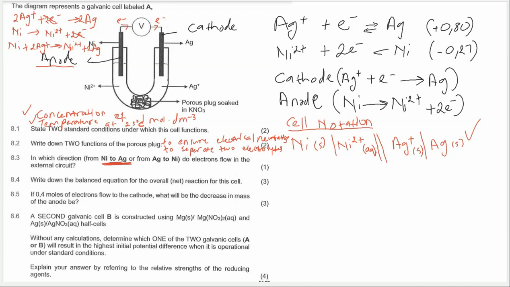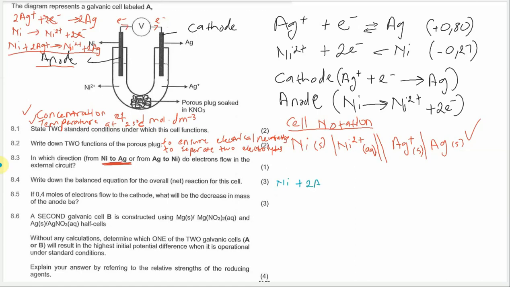Okay, let's move to the next question. Write down the balanced equation for the overall net reaction for this cell. Do I have to repeat again? Let me just take it from here and simply write it. Obviously, you don't have to think anymore.